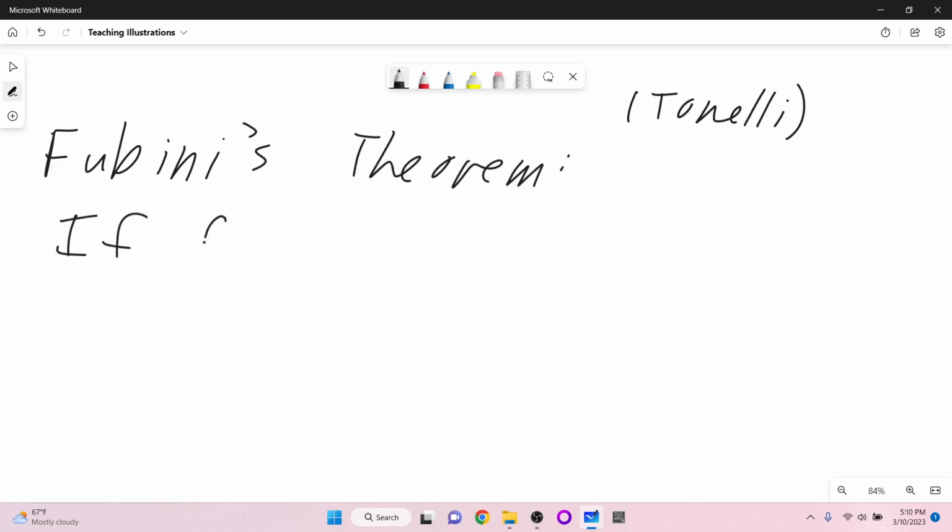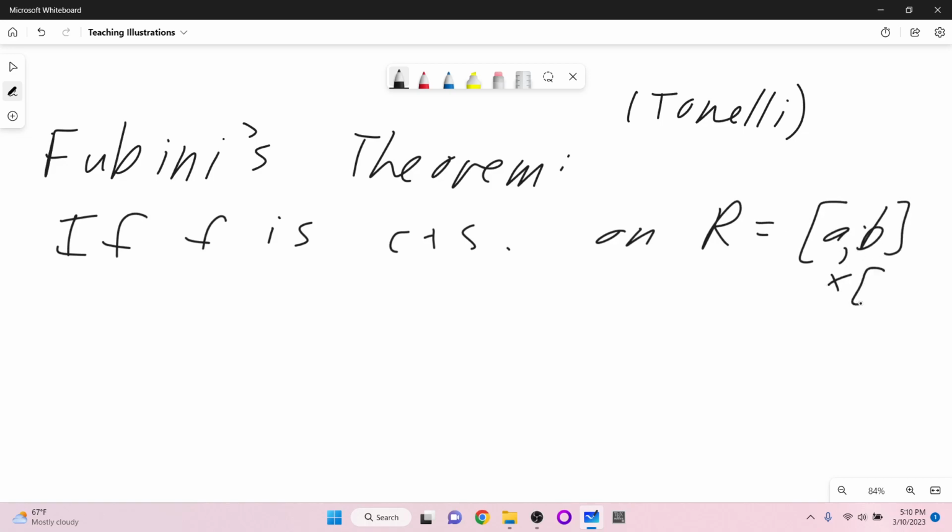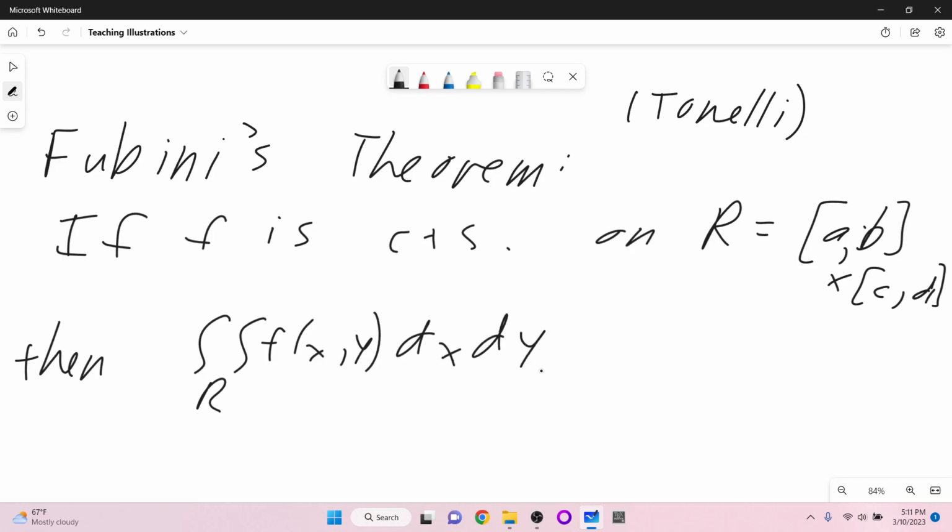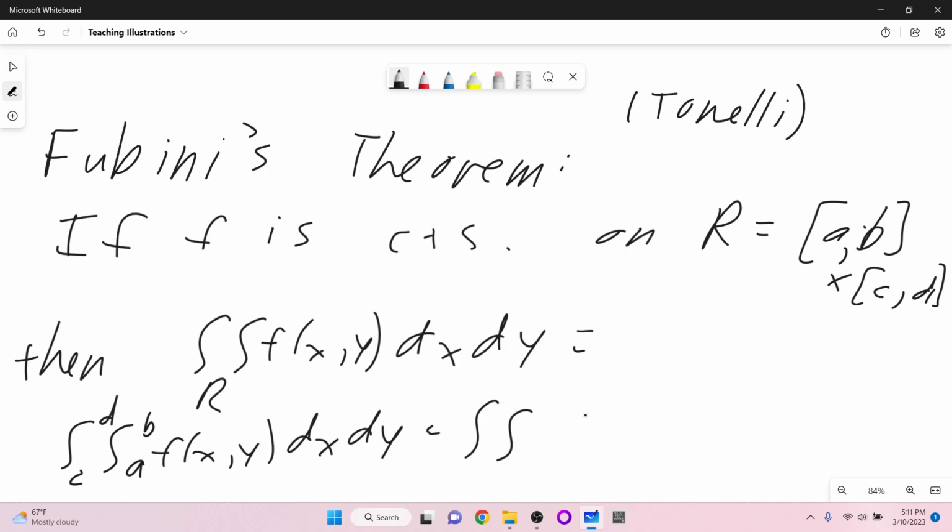But if f is continuous on R equals [a,b] cross [c,d], then the double integral over R of f(x,y) dx dy, you could write it as going along the x, so x would go from a to b, and then along the y, that's c to d, or dy dx, on the y from c to d, and the x from a to b.